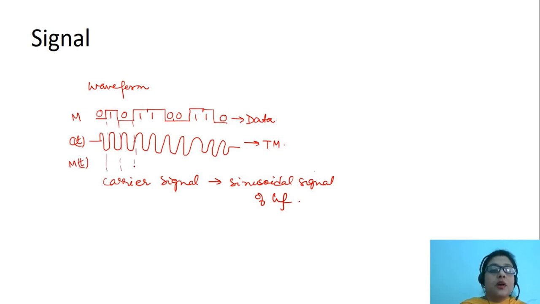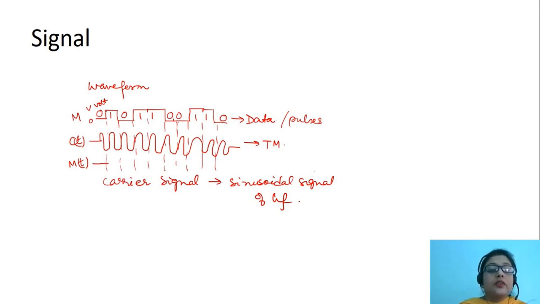Now when it gets multiplied by this carrier, what happens? In place of zeros, so this is a zero pulse, let's say 0 to V volt. These are basically pulses. Whenever there is a 0, even if you multiply with any frequency, it will be 0.